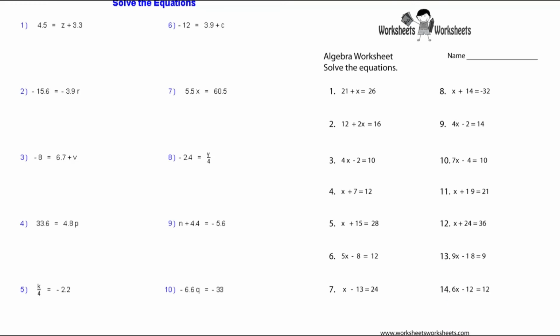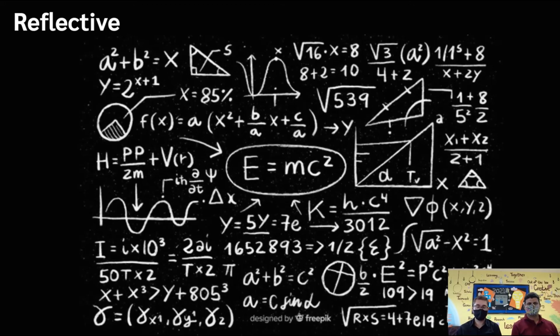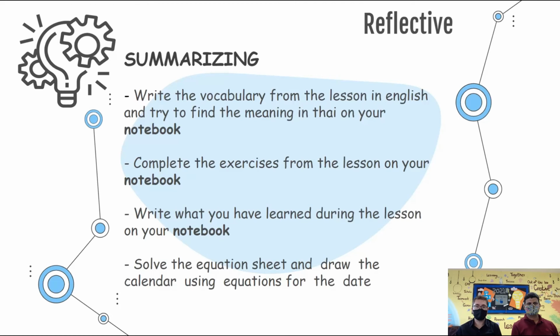And here, to finish the video, is some more equations, a bit more difficult. So you know how to solve the problem now, so try to make those 24 equations. Okay, don't forget to write everything in the notebook, and write the meaning in Thai.